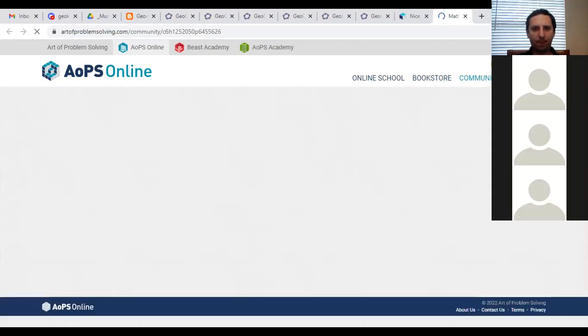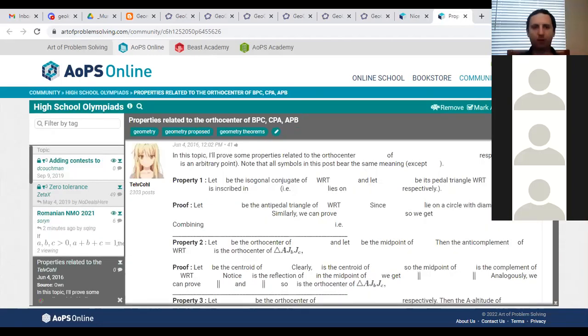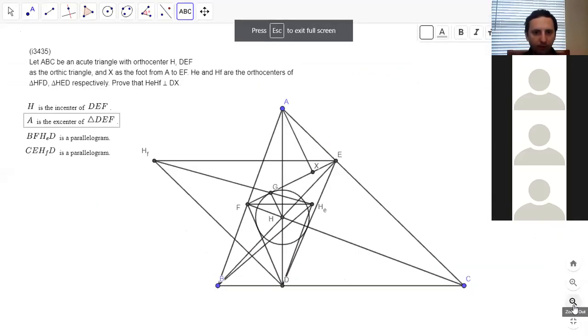Okay. Yeah, so I think we mentioned this before. I'm not surprised this was in his book. But I know we did two problems actually using this idea before. Okay. So we have those two parallelograms.